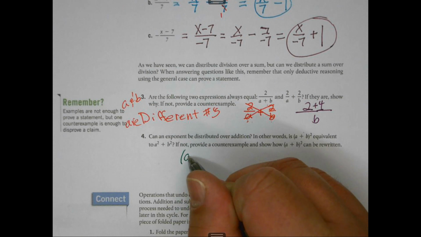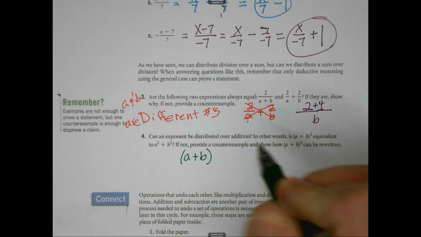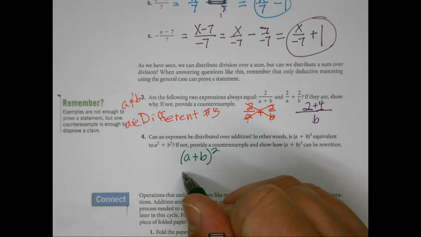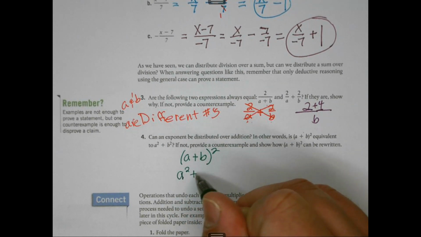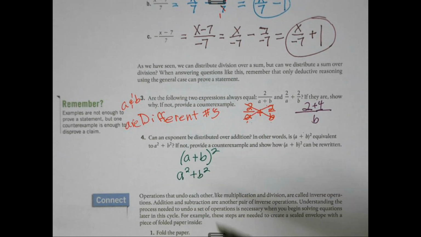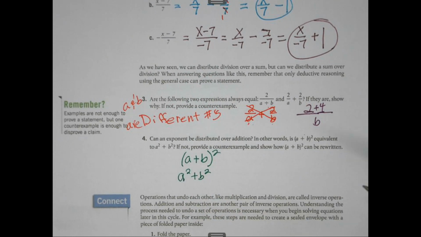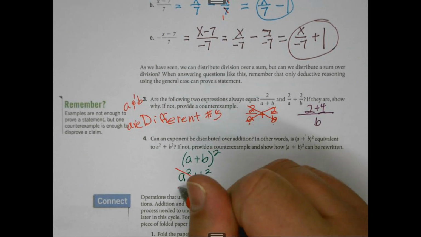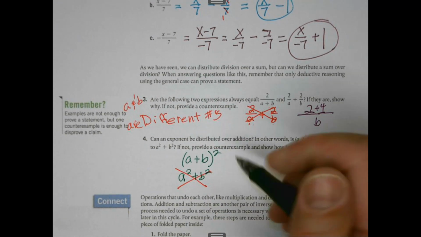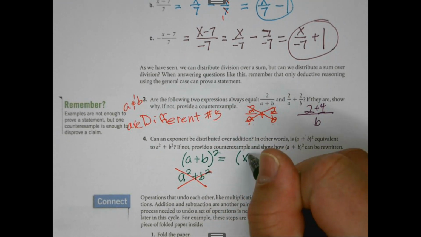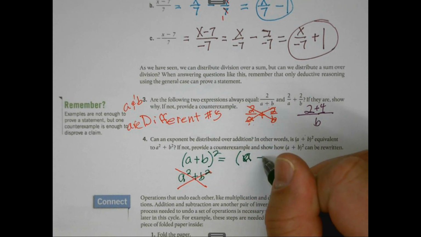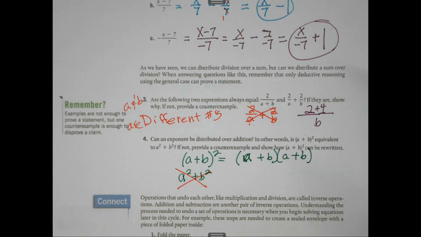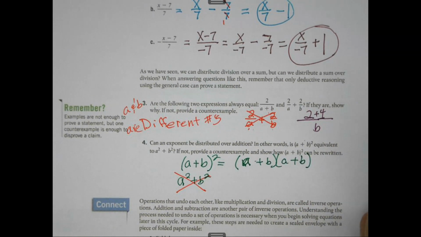Many times I'll see students say, I have the quantity a plus b squared, and I have a squared plus b. Once in a while, I'll come across this. Some students say, hey, I'll just distribute that too, and I got a squared plus b squared. This is wrong. This is the quantity a plus b times a plus b. We all know what happens when you have a binomial times a binomial.